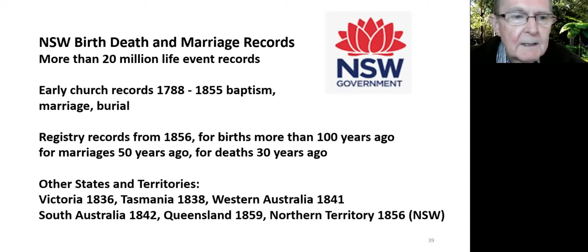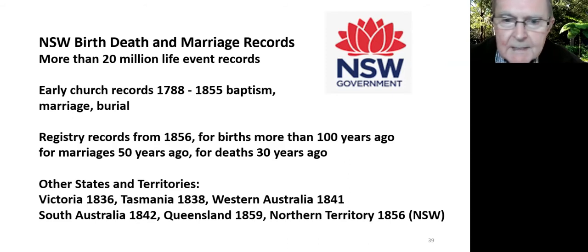There's early church records which started actually before 1788, but they're mostly recorded through 1788 through 1855, and those records show baptisms, marriages and burials. And then from 1856, the registry records births, and we can access them to anything more than 100 years ago. For marriages, anything more than 50 years ago, and deaths, anything more than 30 years ago.